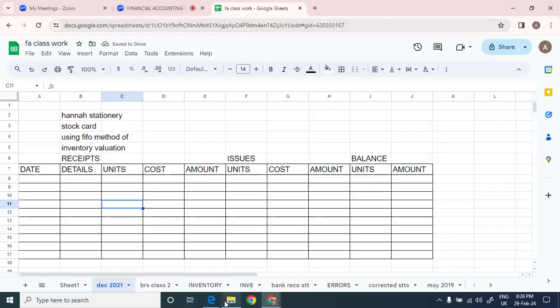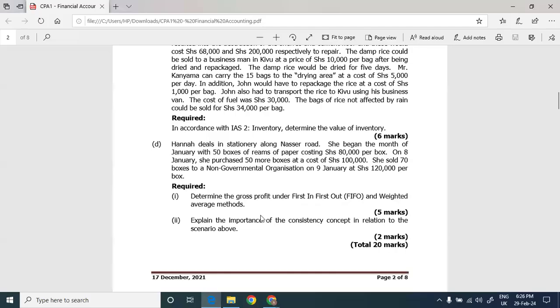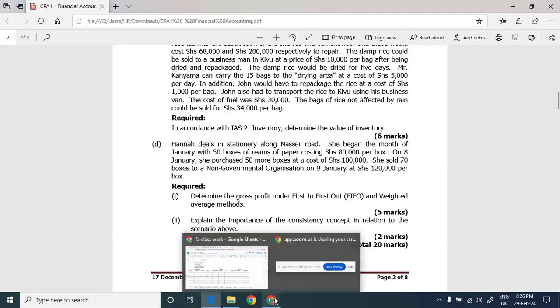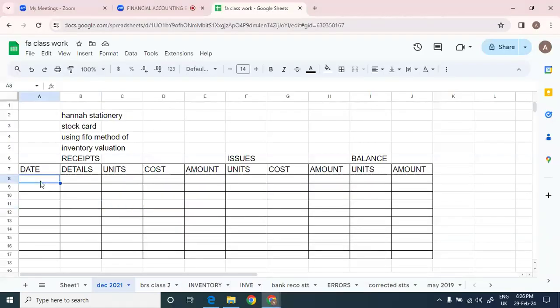They are saying that Hannah deals in stationery along Nasa Road. She began the month of January, so we are starting in January. Since we don't have a date, we shall just write January.